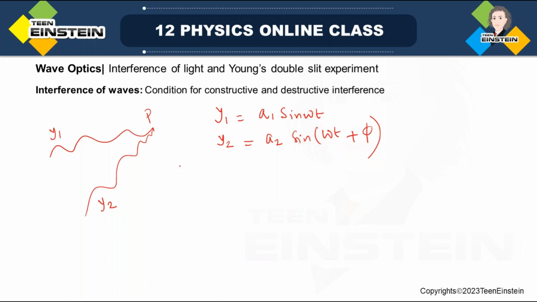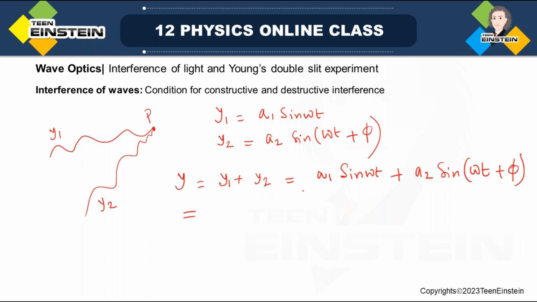So when interference happens, when they overlap with each other, according to the principle of superposition, y is equal to y1 plus y2. We had done this already a little bit. We have to use a trigonometric identity to get a simplified form, bringing this to a single sinusoidal term.